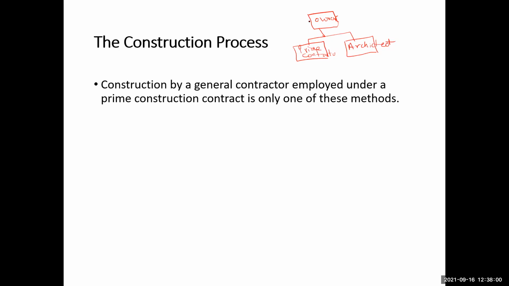This is the most general type of construction contractual arrangement. Most of our discussion in this topic will revolve around this type of arrangement. But of course, it is only one of these methods. The other methods we have somewhat briefly looked at in our first topic.